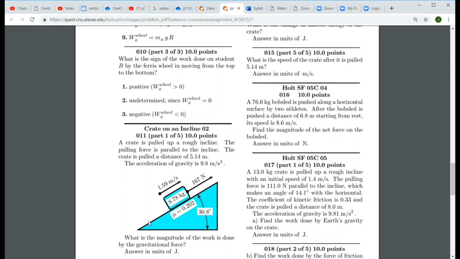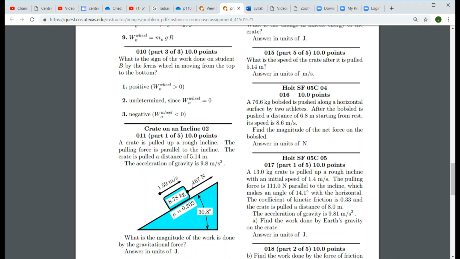There are 3 forces doing work on the block if we treat the block as our system and just try to use the work kinetic energy theorem. We've already calculated the positive work done by this pulling force. There's some negative work done by the gravitational force. There's also some negative work done by the frictional force. Okay, this is a rough incline.